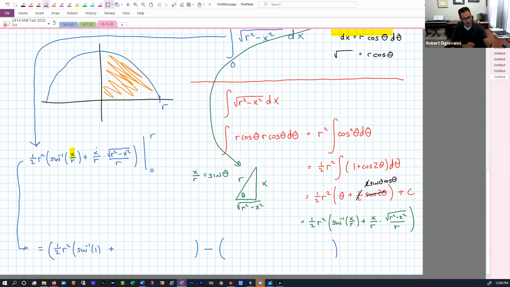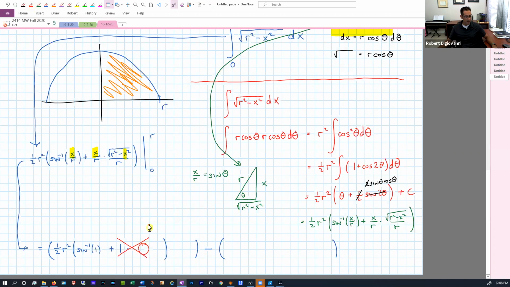Plus now I plug in for x, I replace it with r, so that's r over r again, that's 1. Times, now check out this part. When I plug in r right there for that x, I get r squared minus r squared, which is 0. Square root of 0 is 0, 0 over r is 0. So this is going to be a big fat 0 here, which is going to kill off just those two pieces. I'm still going to have the arc sine of 1 here out front, and I still have the 1/2 r squared in front of that. Is that clear to everyone?